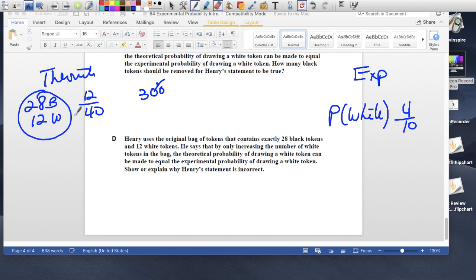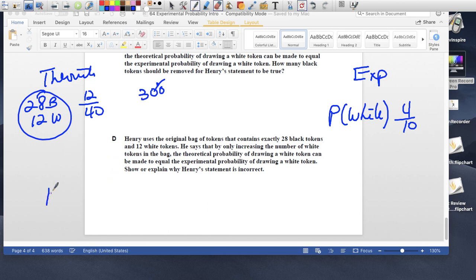If we add, well, this is incorrect because if we add 4, we'd have to decrease the number of blacks by the same amount to keep it at 40, and that would not work.